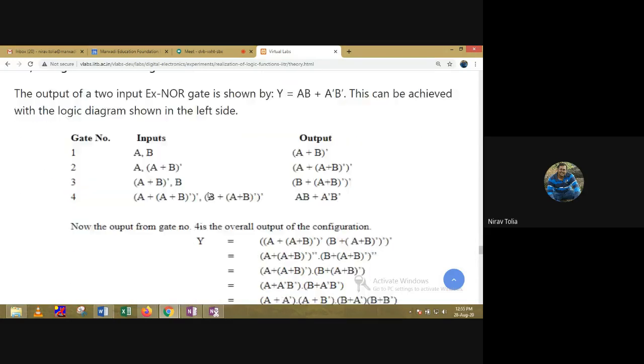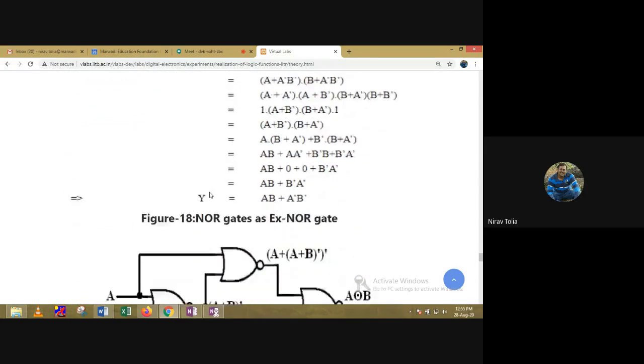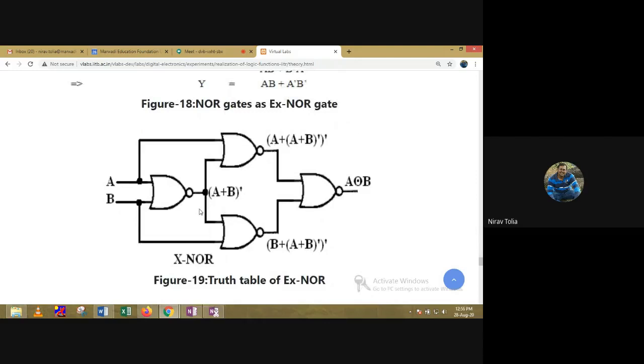For that, again we have to use a different combination. This is the same circuit as the NAND gate working as an exclusive OR gate. Here we have four NAND gates.